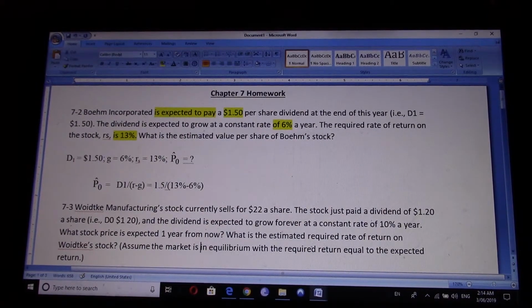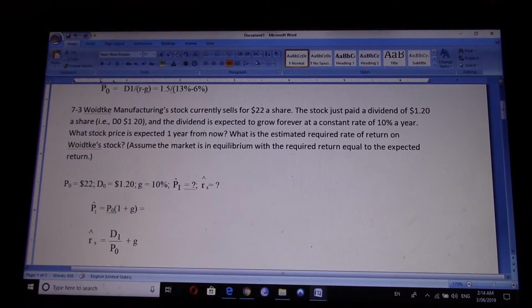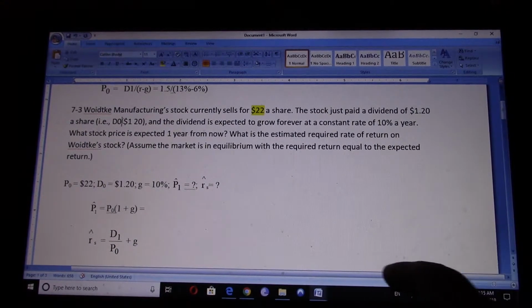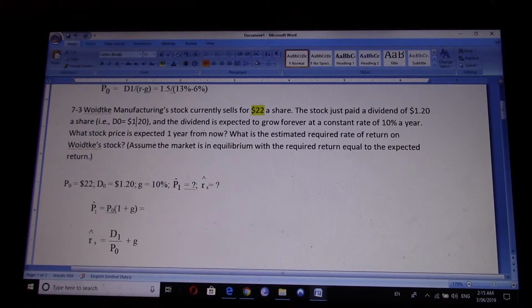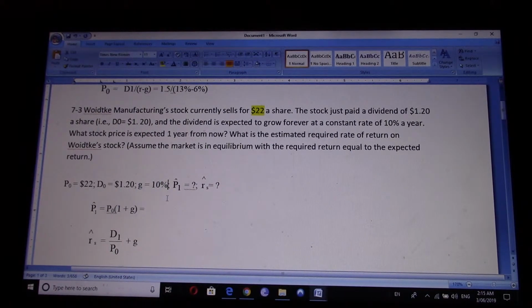This one is easy. In the second one, the current stock price is given. This is P0, and D0 is $1.20, and G is 10%, and it asks how much P1 is.